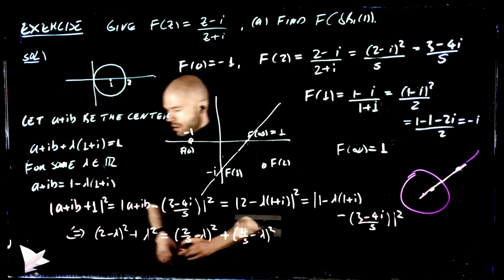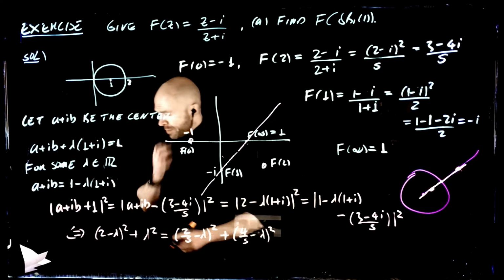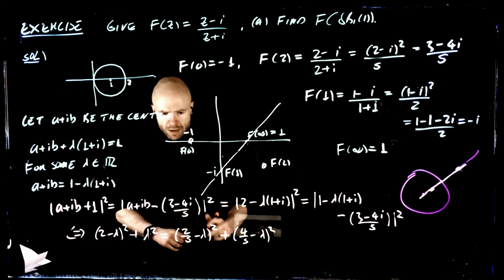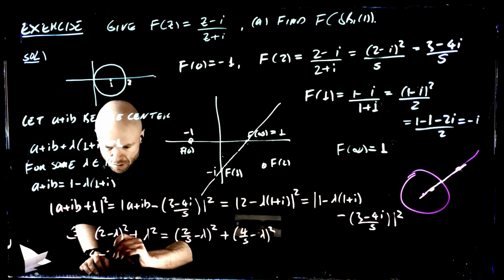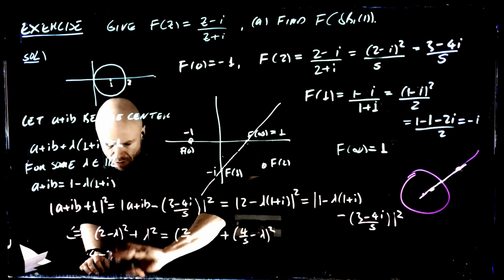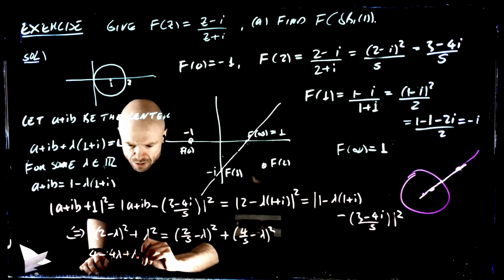Squared, let's check. Yep, that looks good. And let us expand this out. And then what do we get? We're going to get 4 minus 4 lambda plus lambda squared.